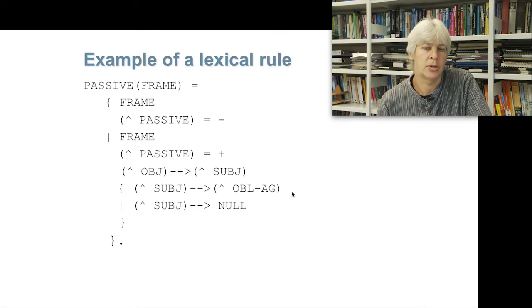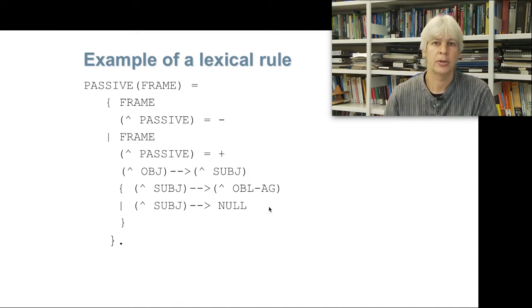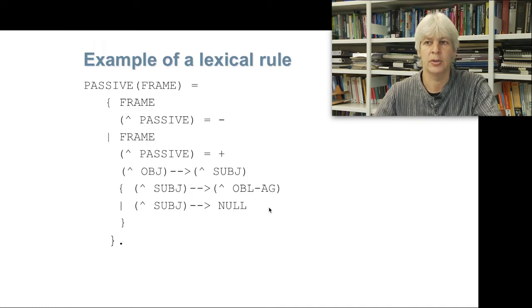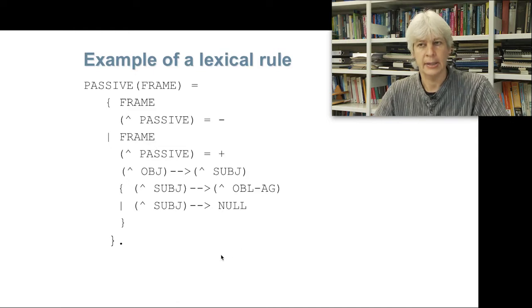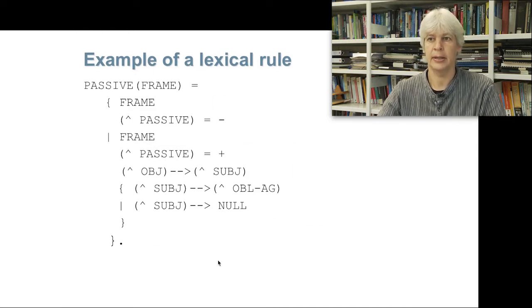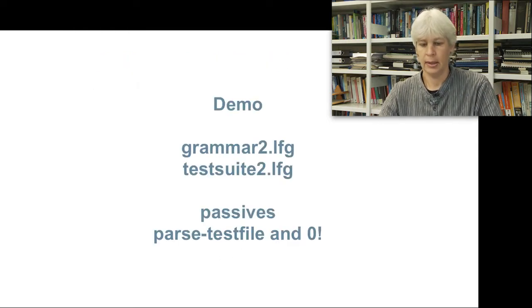And I'm also going to show you a bit more about how test suites work, because I would like to emphasize again, it is extremely important that you work with test suites. So I'll show you the command parse test file, and I'll show you 0 exclamation, what that means. That's for ungrammatical sentences.